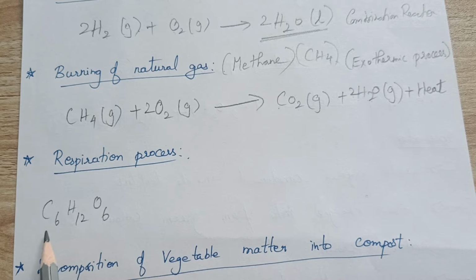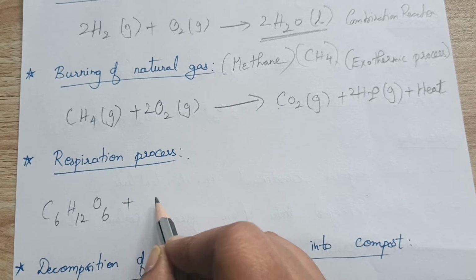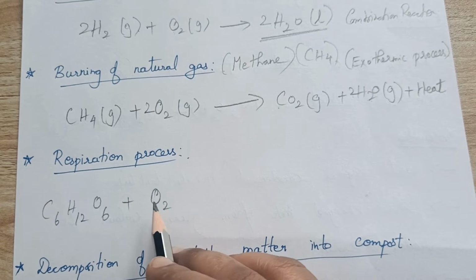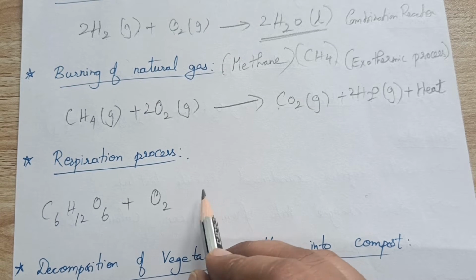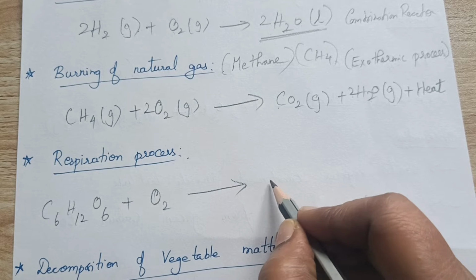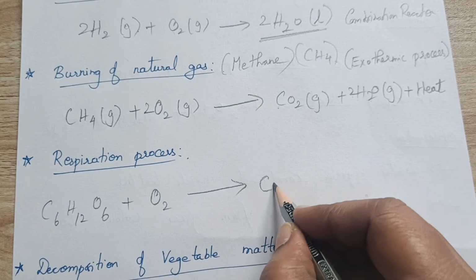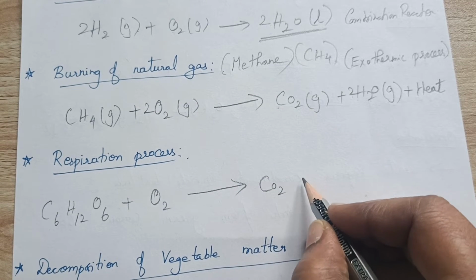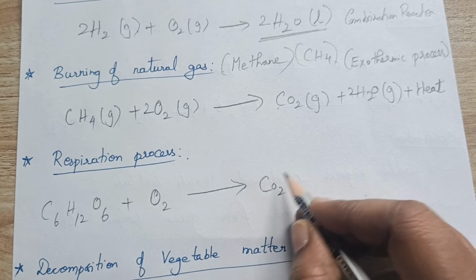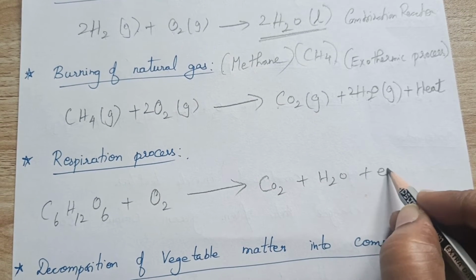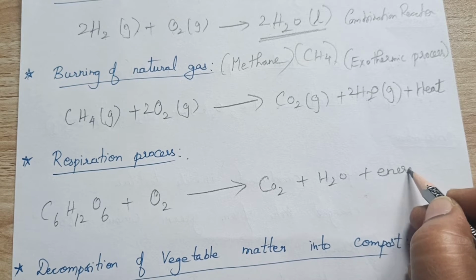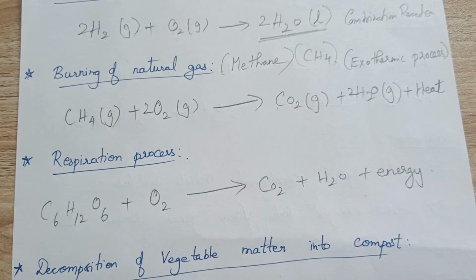Plus, you need oxygen to break it down. So glucose plus oxygen gives CO2. You will be releasing carbon dioxide plus H2O, plus a lot of energy is produced. Energy is released.